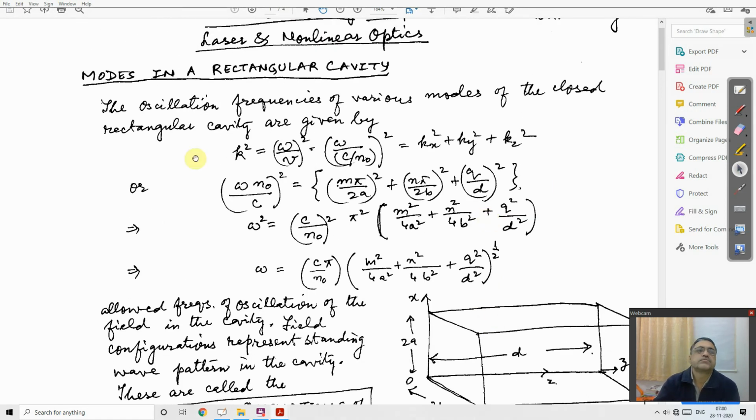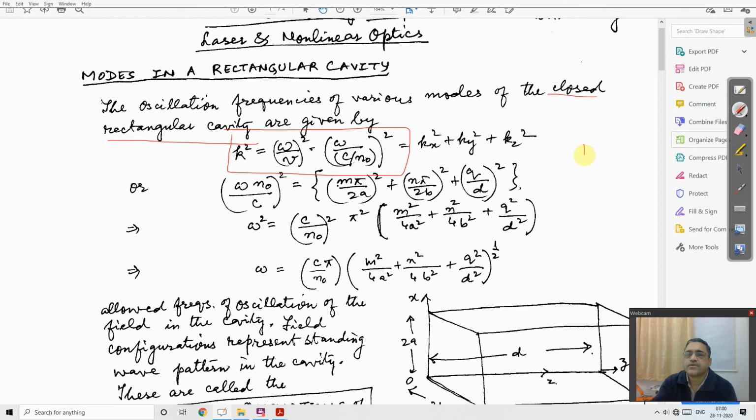So here, the oscillation frequencies of various modes of the closed rectangular cavity we can easily find by using the propagation constant.